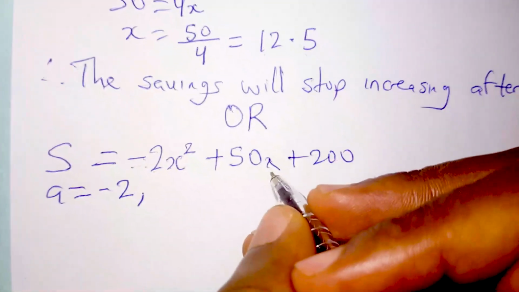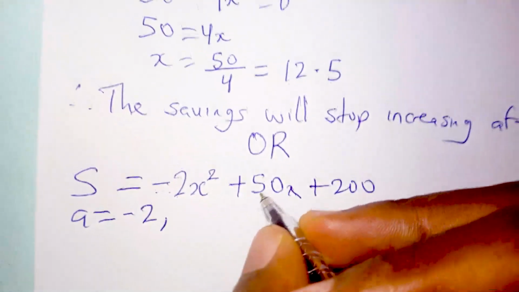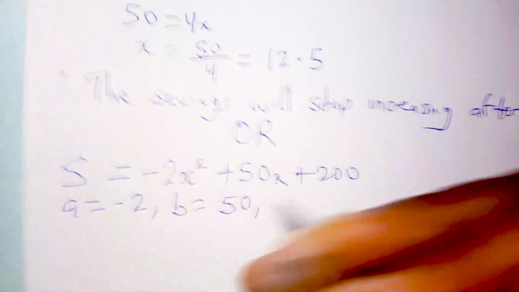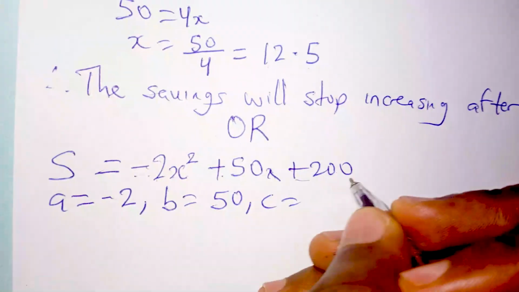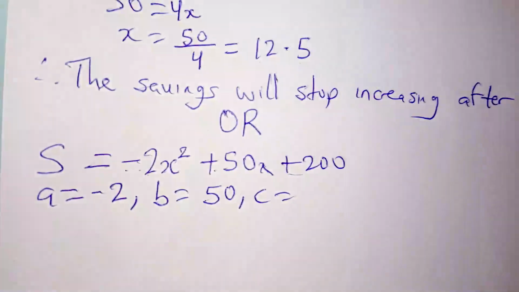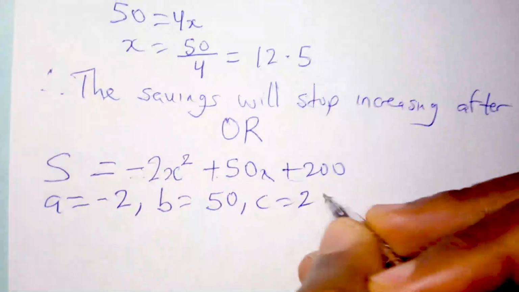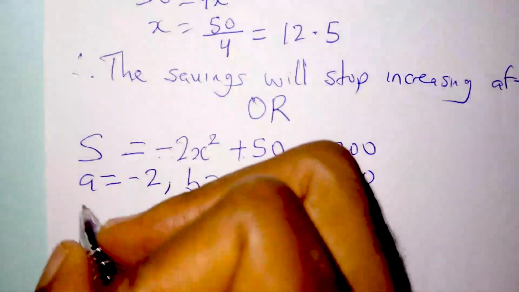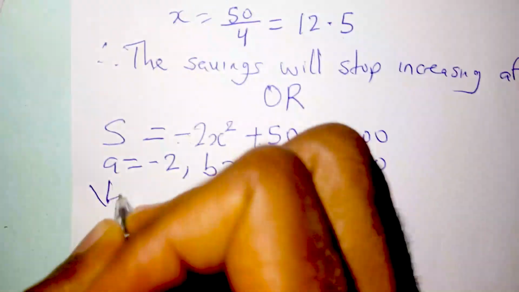B is the coefficient of x, which in this case is plus 50. I don't need c, but I can write it as c, the last one that does not have x. It has x to the power 0, but we don't write it, which is 200.